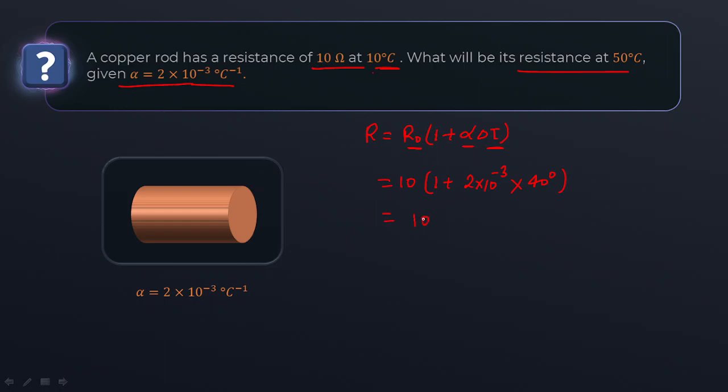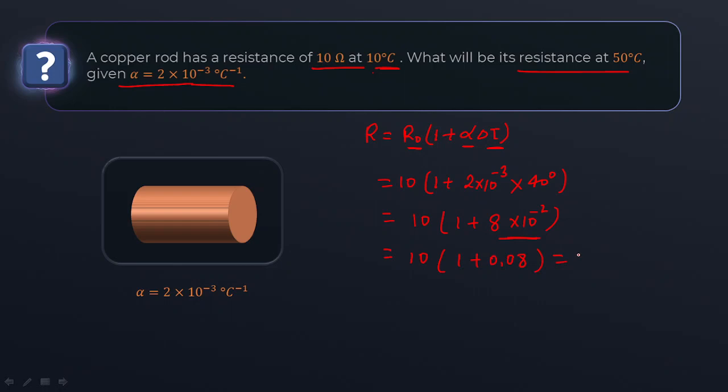So we can write it as 10 into 1 plus, now this value will be 2 into 10 to the power minus 3, into 40. So it will be 8 into 10 to the power minus 2, that is 0.08.